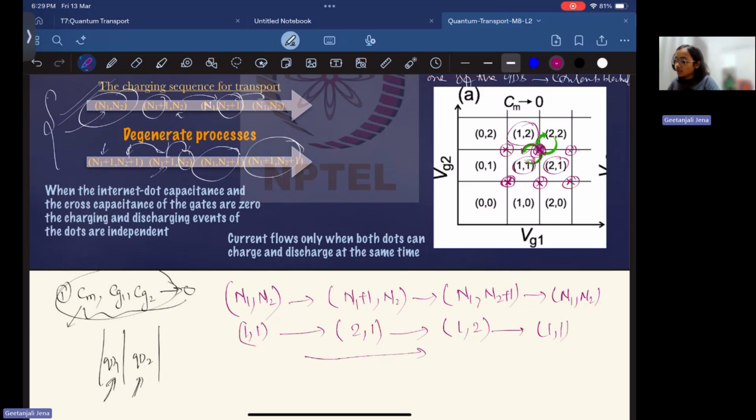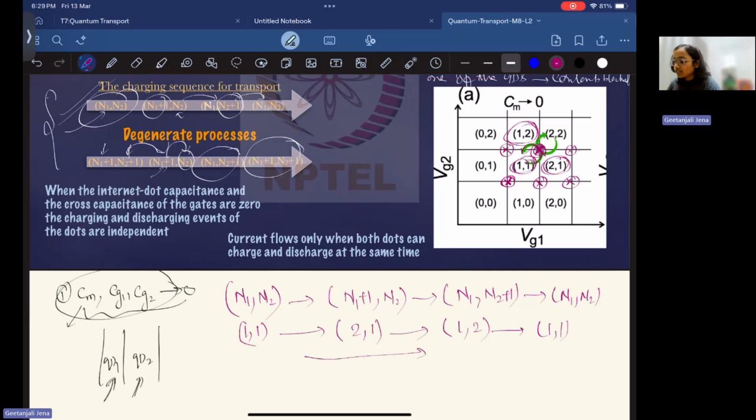So that means it's possible for the electron, because there is a fluctuation in the charge. There is 1, 1 on one side, 2, 1 on one side, and 1, 2 on this side. For this point, all these states coexist, meaning all these states occur at the same value of VG1 and VG2.